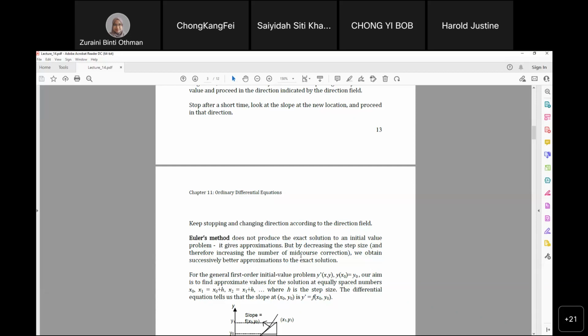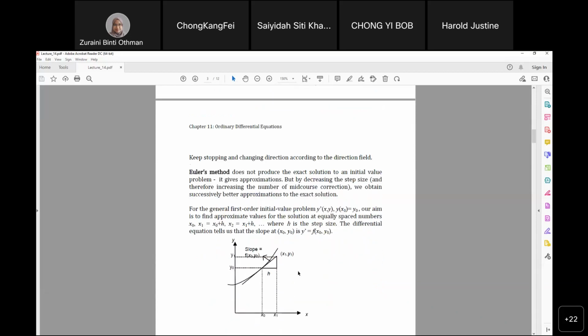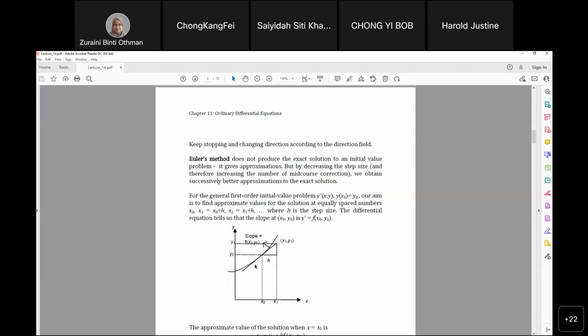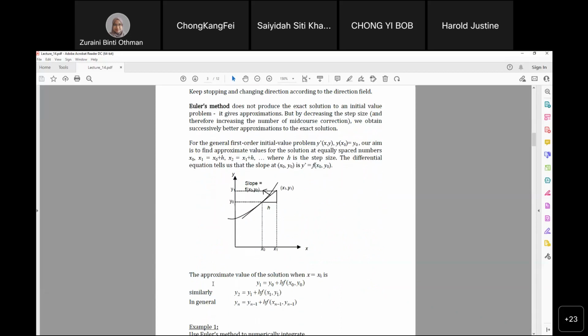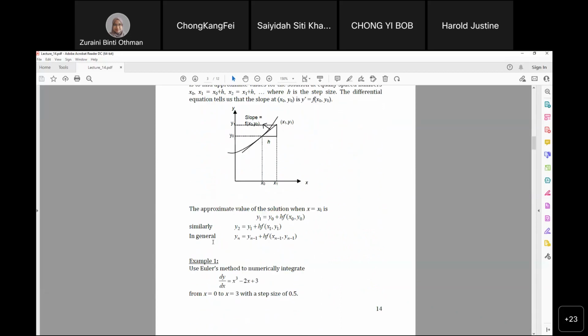But by decreasing the step size and therefore increasing the number of mid-course corrections, we obtain successively better approximations to the exact value. For example like this, which means kita ambil step by step, dia macam more closer to the slope yang kita nak cari. Okay, then what is Euler method? This is the formula for Euler method.